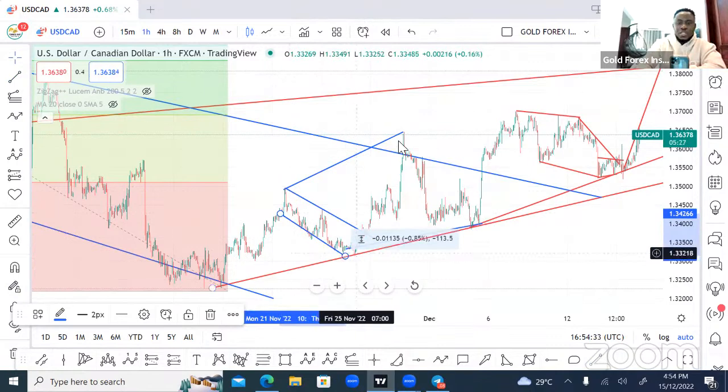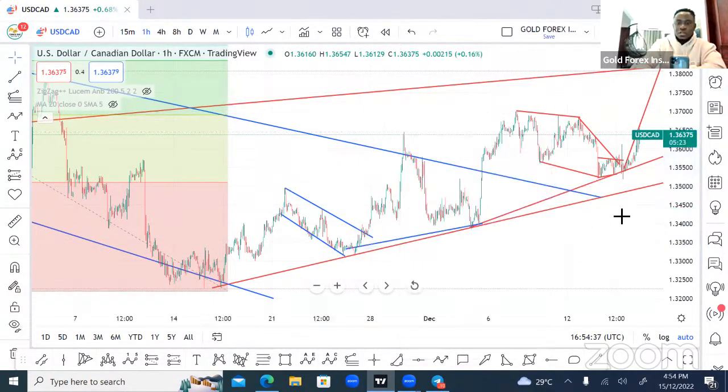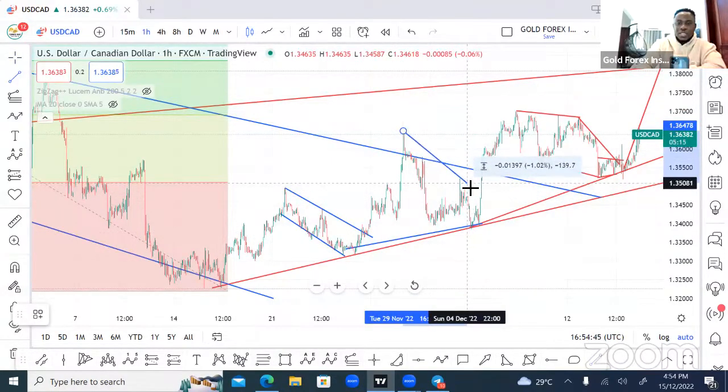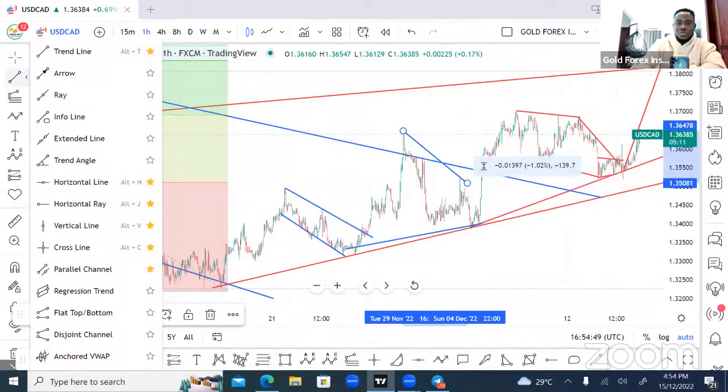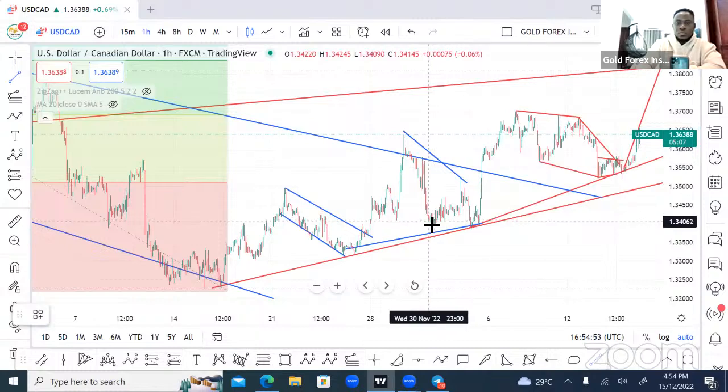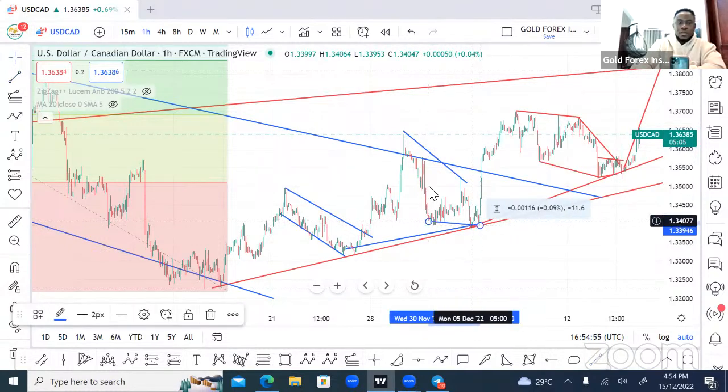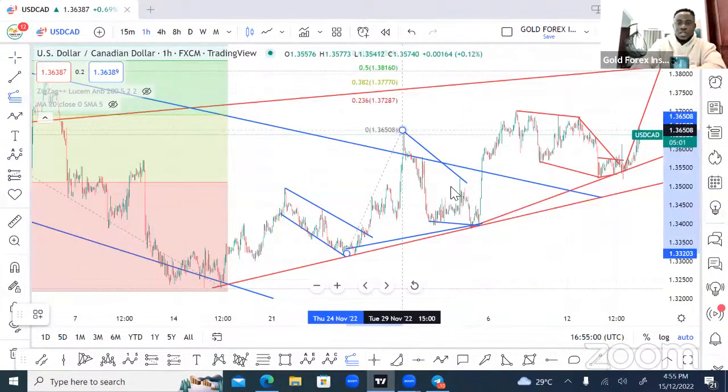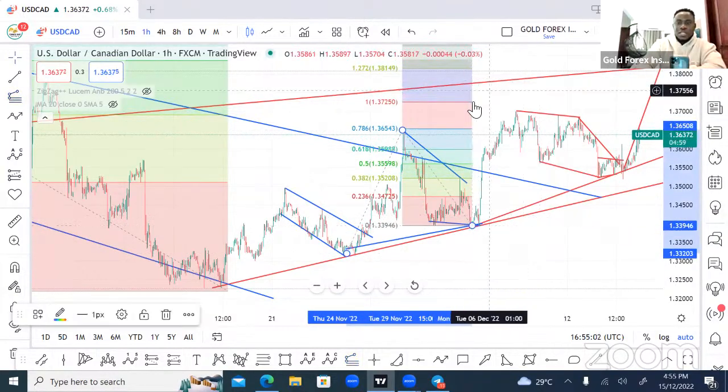So impulse, correction, impulse, 1.0 Fibonacci extension. Now, this was another impulse leg, another correction. So that means that we are targeting another 1.0 Fibonacci extension level. Right? So that means that when you put it here, to here, to here, we are targeting this level.